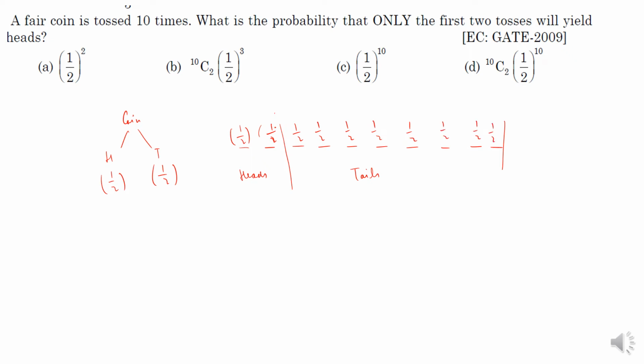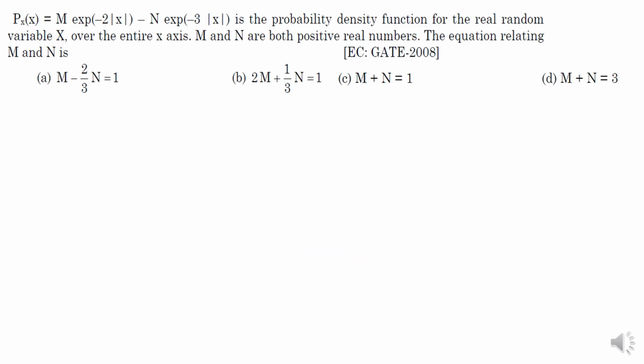Now the answer to our question is 1 by 2 into 1 by 2, and this is like 8 times, 1 by 2 whole power 8. So 1 by 2 whole square into 1 by 2 power 8 is 1 by 2 whole power 10. The answer to this question is C. I hope this is understood.